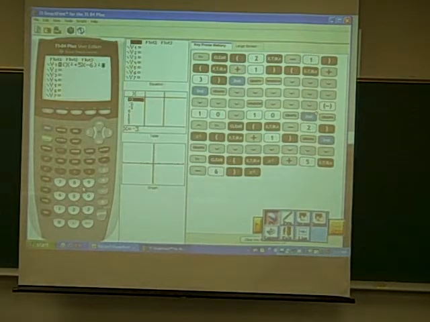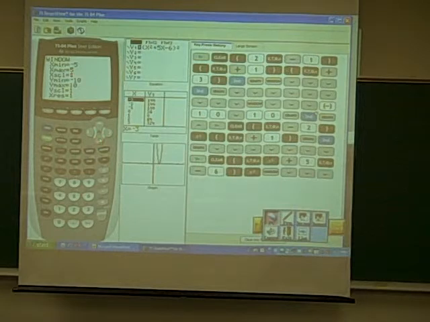And let's see, we know that it comes up to 36, so we've got to change our window, right? So we're going to change our window y max. We're going to set that to 40. And let's see what our graph looks like.